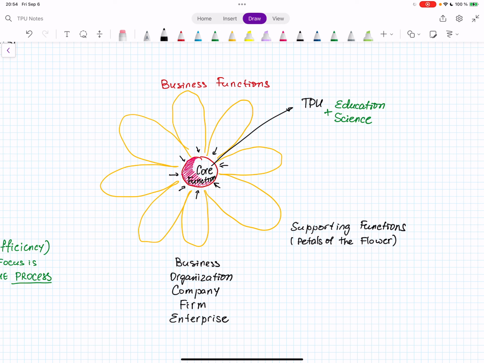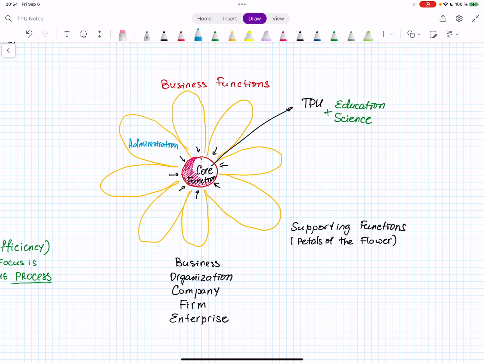So, for example, what might be the supporting functions? Well, let's say one of them is administration. So in our university, you have to have administration that will help the education and science to go on.